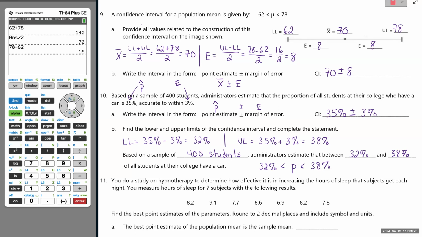So just reminding you that when we're estimating a population proportion, that's p, versus up top when we were estimating a population mean, that parameter is mu.